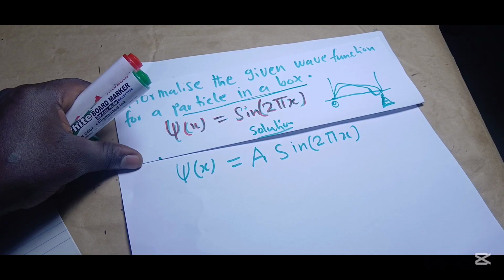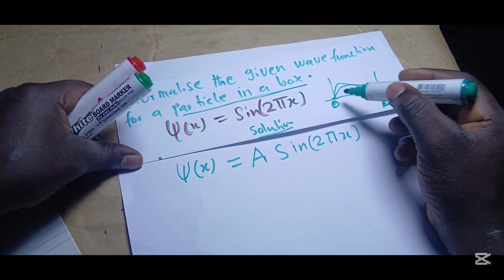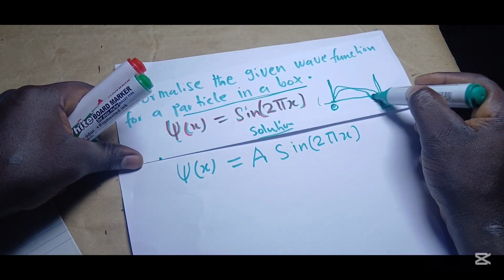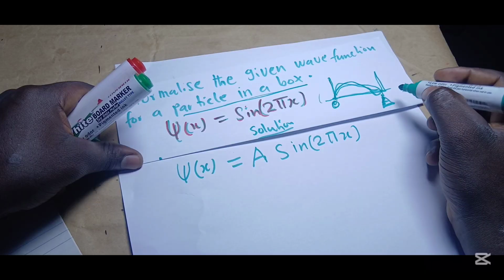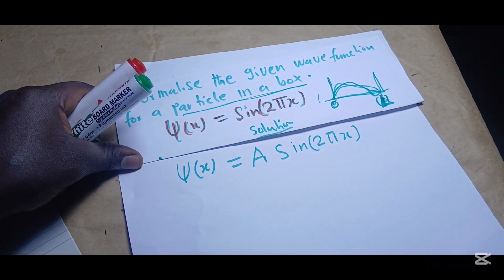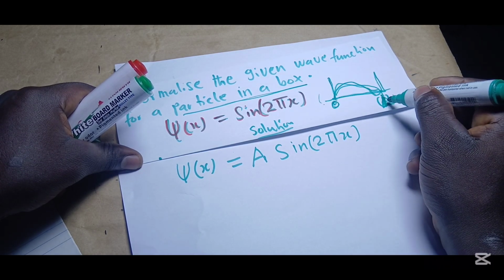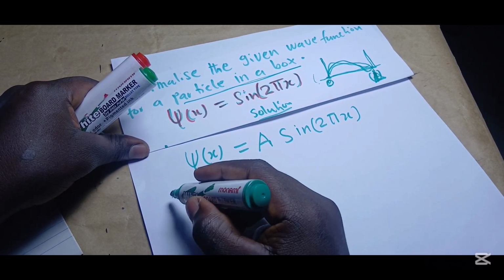For a particle in a box, there is zero chance of finding the particle outside. Outside the box, there's zero chance of finding it there. But inside the box, let's say there is one chance of finding the particle there. The particle has nowhere to go outside the box. It is in the box. So zero chance outside and one chance inside. So that should be our integration limit.